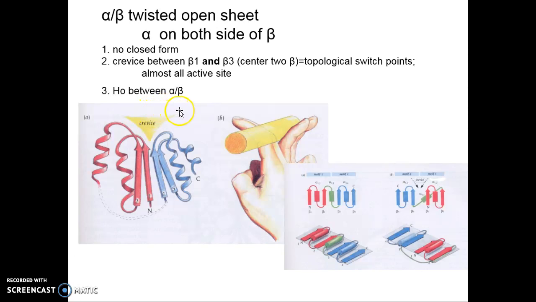For the second group, open twisted beta structures, there are some common, highly conserved active sites.